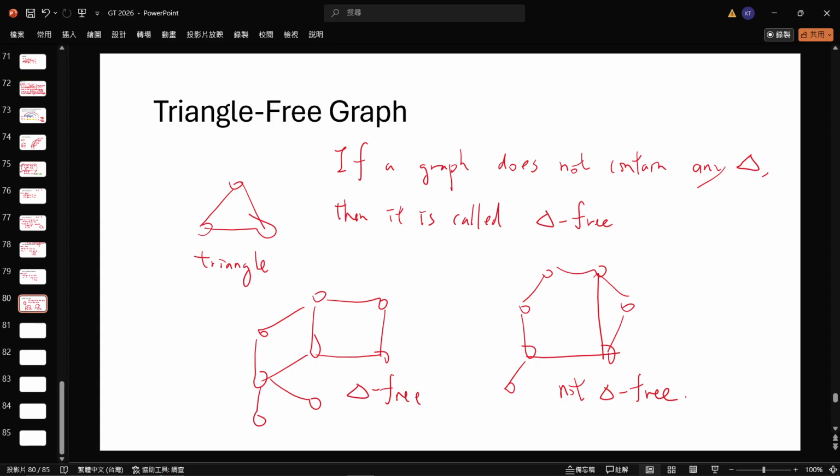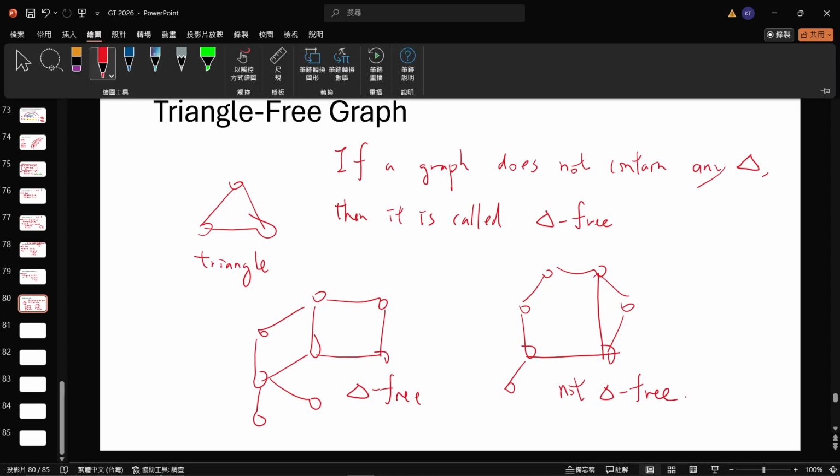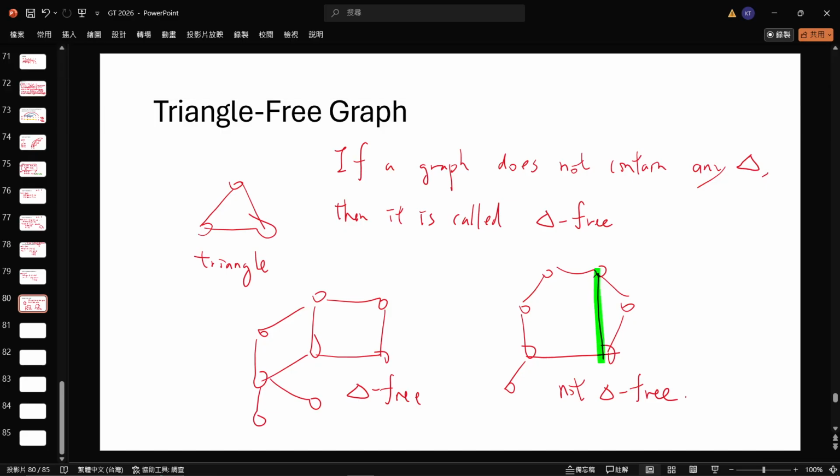The reason that this is a triangle-free graph is because you cannot find any subgraph that is a triangle. You're not going to find one triangle in this graph. But for this graph, we have a triangle, so this is not triangle free.